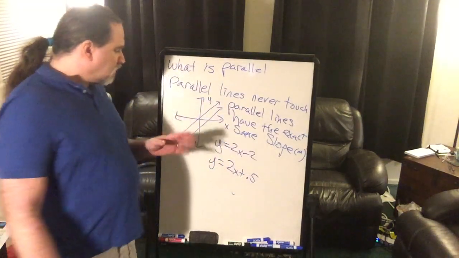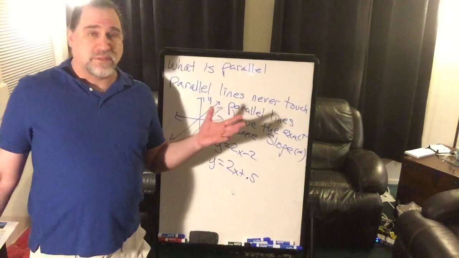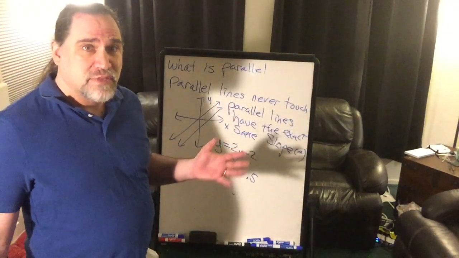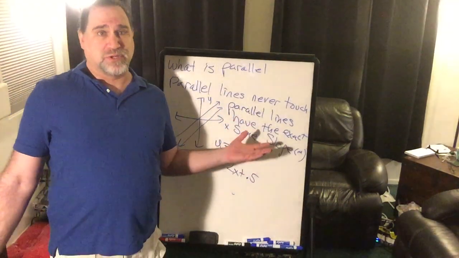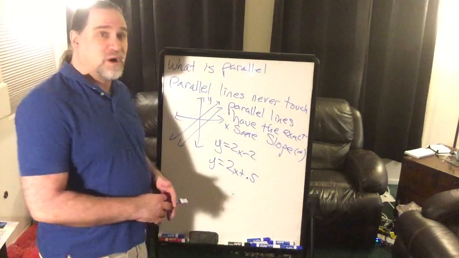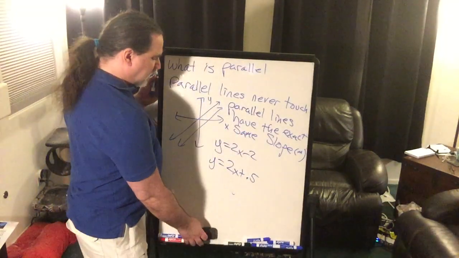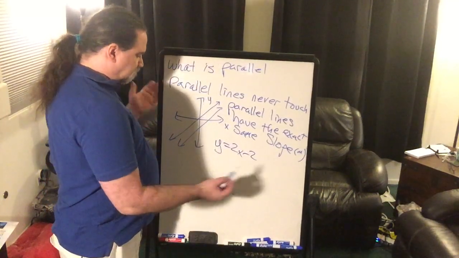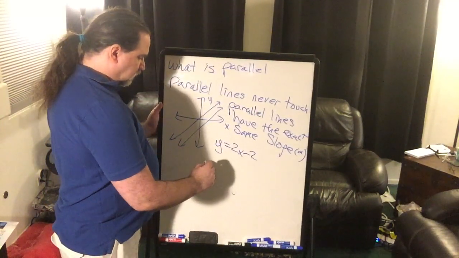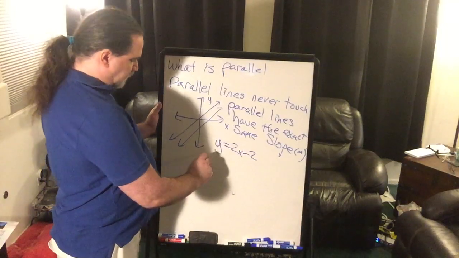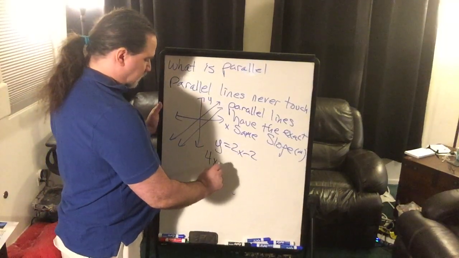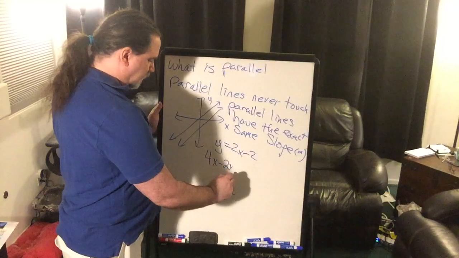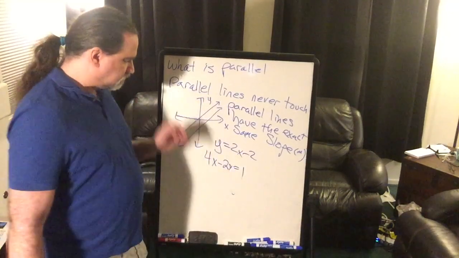Now, sometimes, and they love to ask these kinds of questions, they won't give you the equations in slope-intercept form. They'll give you maybe one in slope-intercept form, and the second one looks like, let's say, 4x minus 2y equals 1.